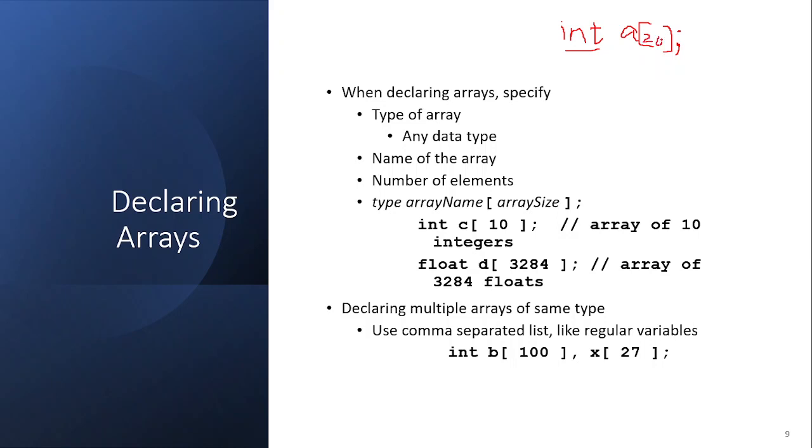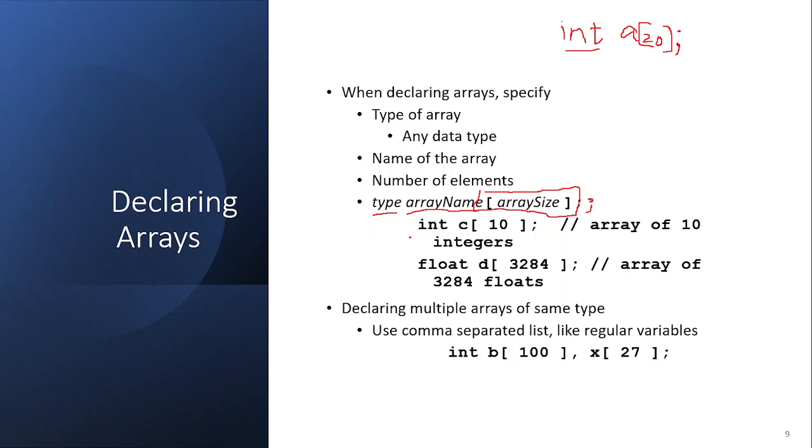That means a would be an integer array that would be able to store 20 integer values. This is how you declare an array. You specify the type, you specify the name of the array just like for any other variable, and then within square brackets you specify the size of the array, and then you terminate the statement with a semicolon.